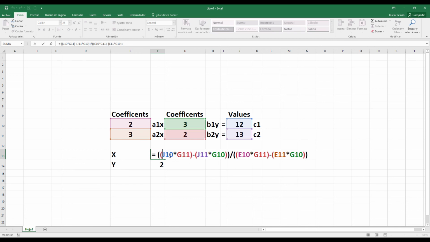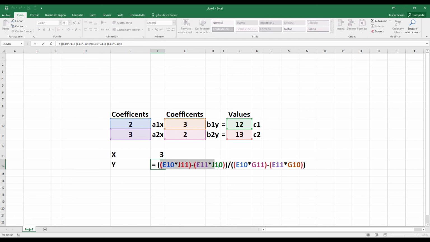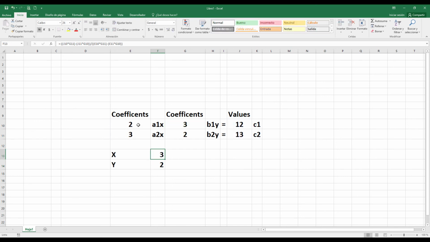Look here, this is the determinant of delta x, and that is the determinant of delta, and here is the determinant of delta y, and this is the determinant of delta. Here that equals that, because it's the same. You can change the values here and get the result of other samples.